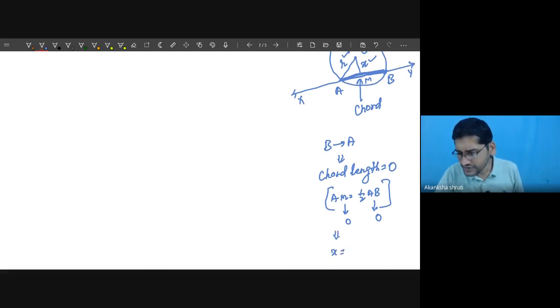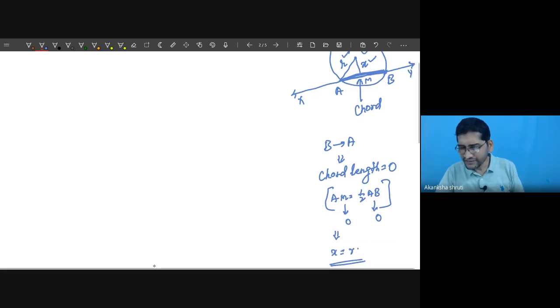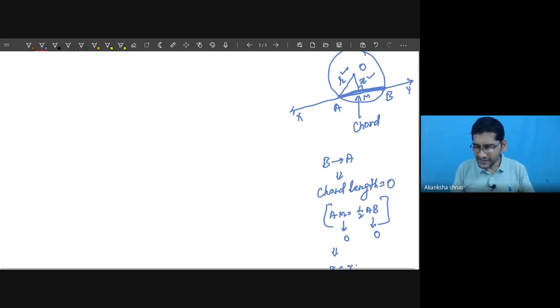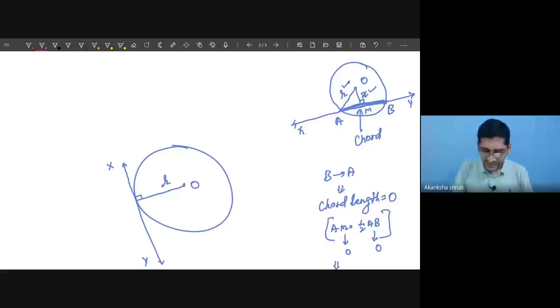This X will coincide with the radius R. So while X coincides with the radius R, the earlier perpendicular, the tangent at A, becomes perpendicular to the radius.